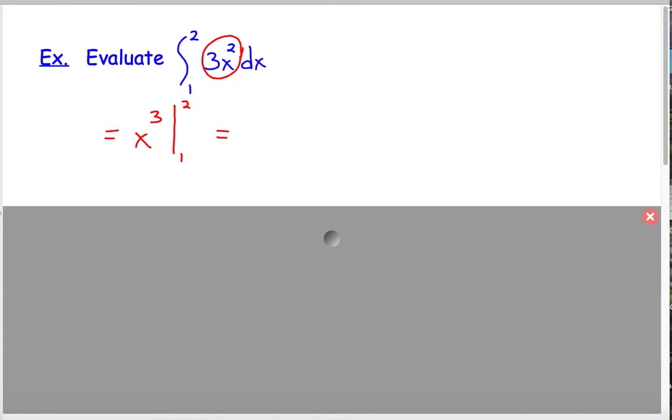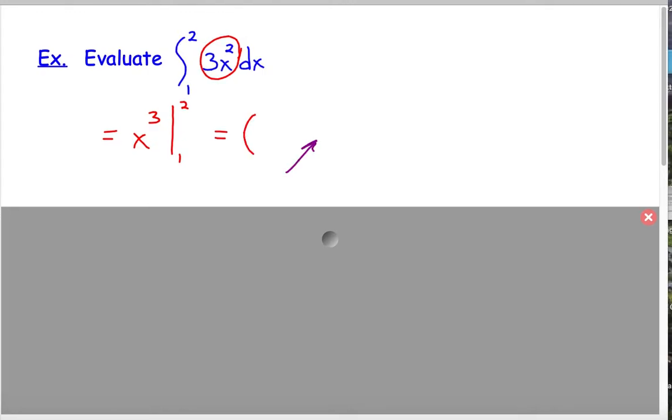Then we're going to evaluate this antiderivative at the upper limit, and then minus, evaluate it at the lower limit. So I'm going to plug in 2 first, and then plug in 1 and subtract.